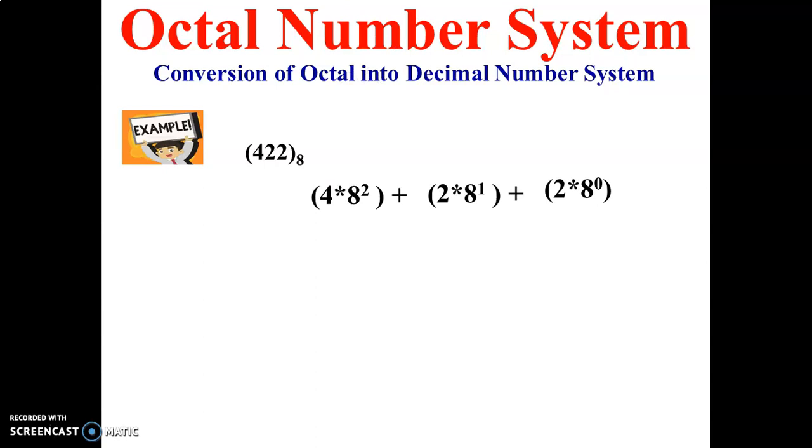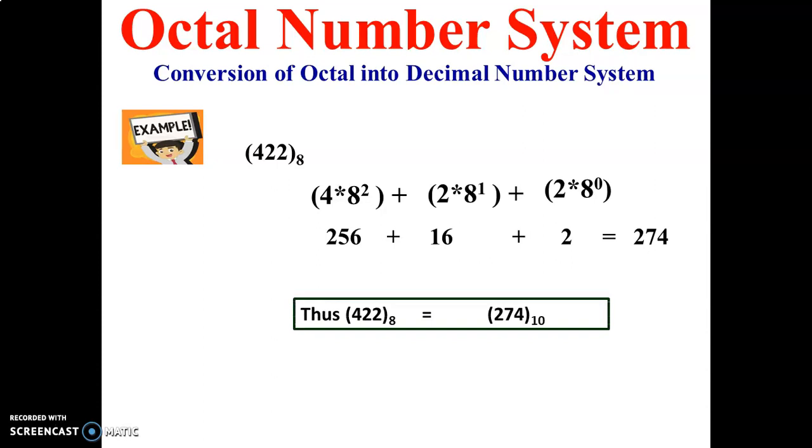So we can see that the power of 8 is increasing. Now we calculate this, and we see the result 274. Thus 422 base 8 octal number is converted into 274 base 10 decimal number. So this is the way to convert octal number into decimal number.